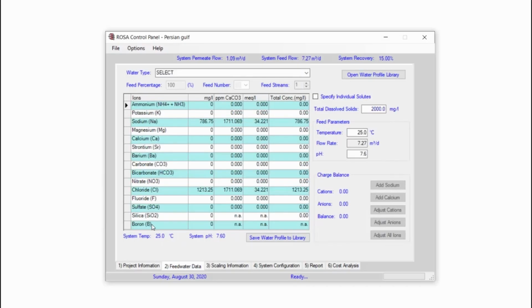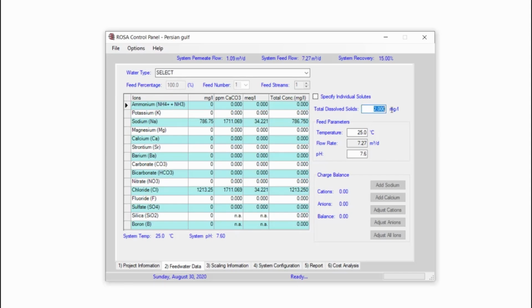In the feedwater data page, you should input your seawater analysis data, and for this, as always, you have to cross the specified individual solutes and input each of them. But in our case, we don't have it, and we have to work only with total dissolved solids.